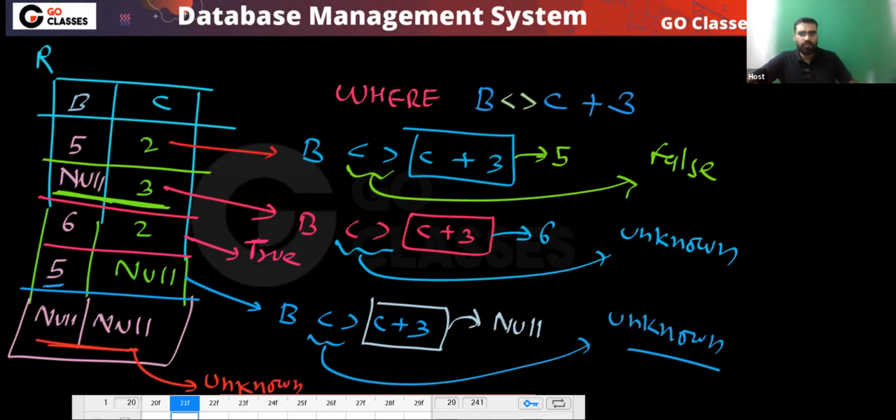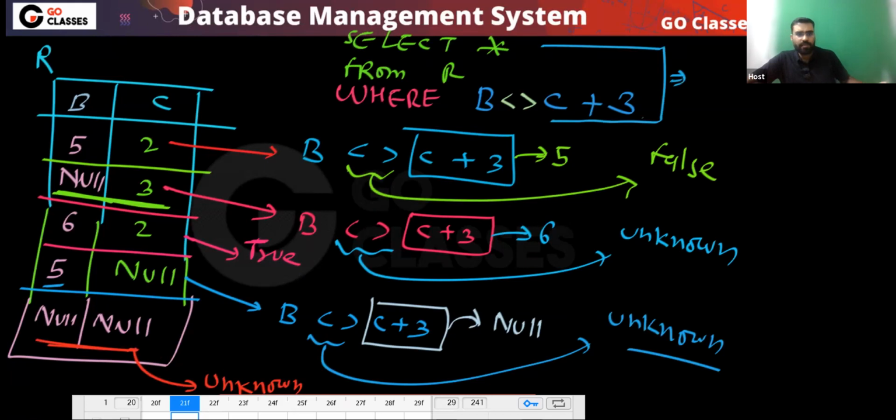Is this clear? If I directly want to print from R, select star, how many tuples will be printed for this query?